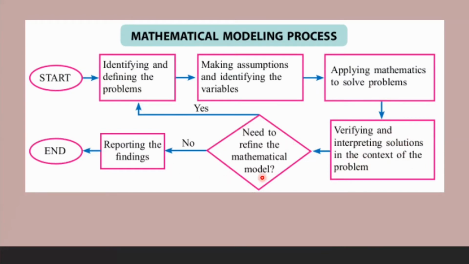Until here, you need to ask yourself, do you need to refine the mathematical model in the question you are solving? If yes, you need to repeat from the first step. If not, you can directly go to reporting the findings and then end.